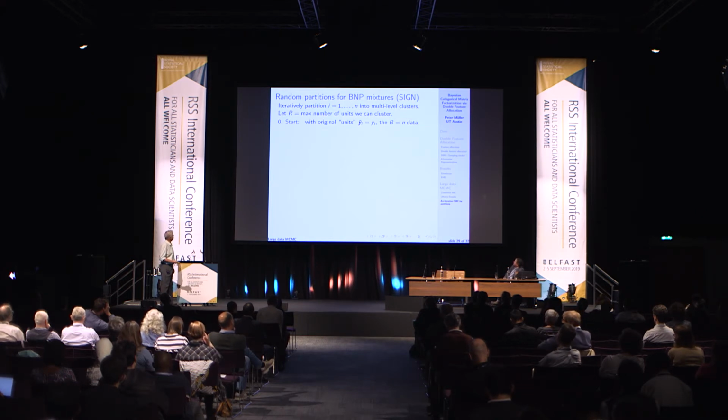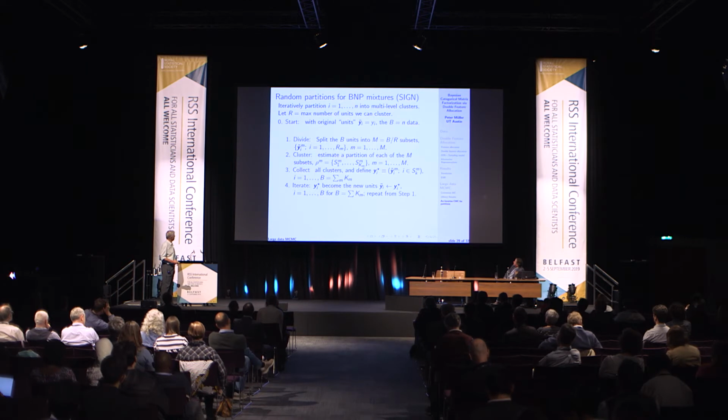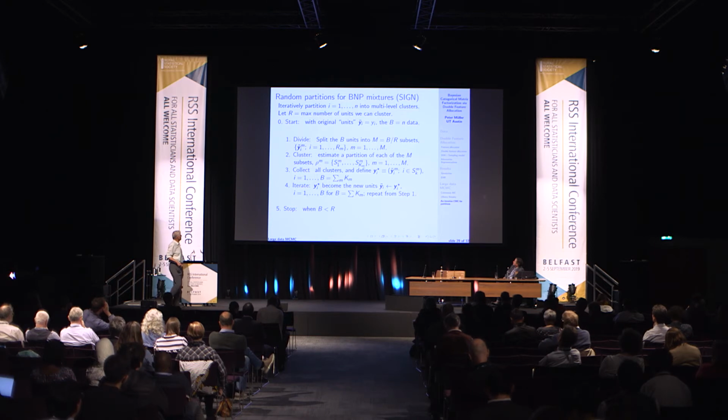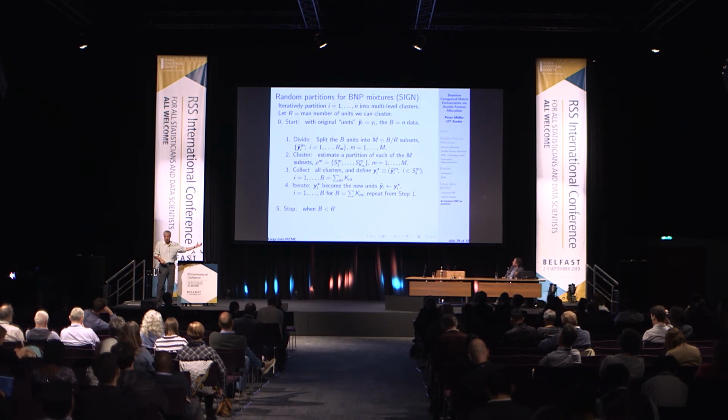Before spelling that out, let me just spell out what I told you in the previous slide. We start with the original data. Those are originally our units. Then we keep iterating steps 1 through 4. In these steps, we take the current units and split them into a number of subsets, such that in each subset we can carry out model-based inference.